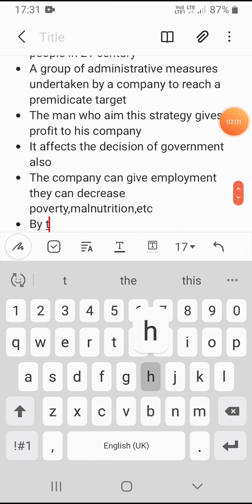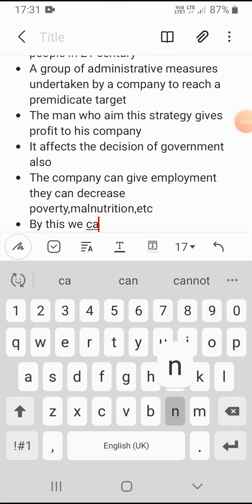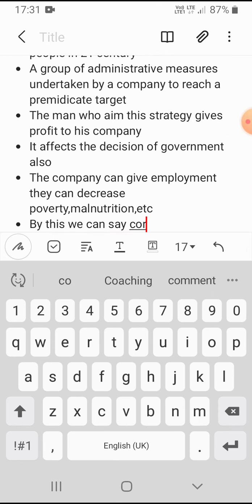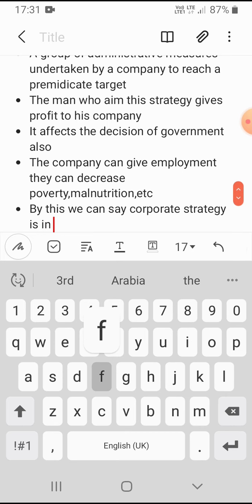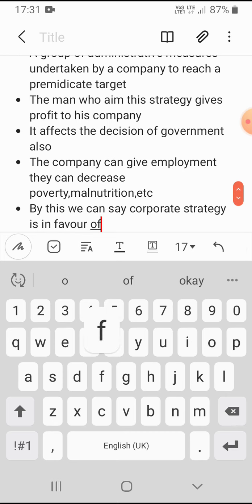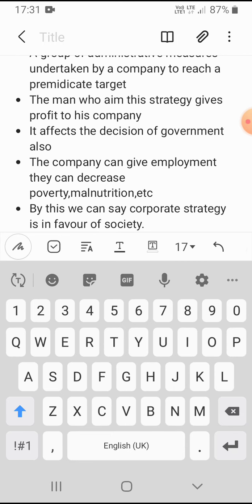By this we can say corporate strategy is in favor of society, because they are helping the society.